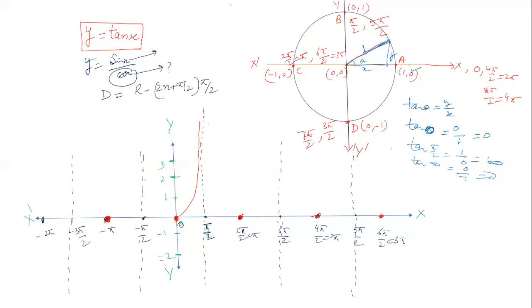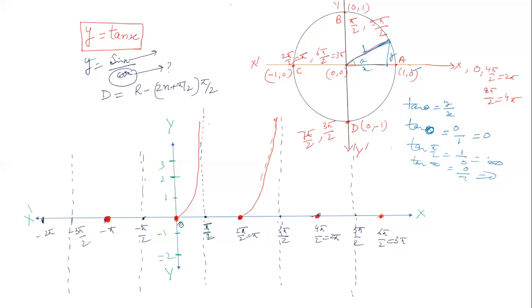Now from pi by 2 to pi, and pi to 3 pi by 2: this is the third quadrant, where tangent is positive. Again, at 3 pi by 2 it is not defined, so it will go like this.